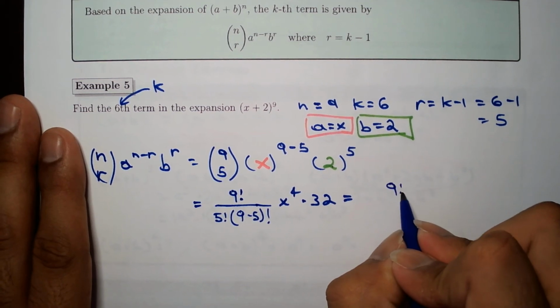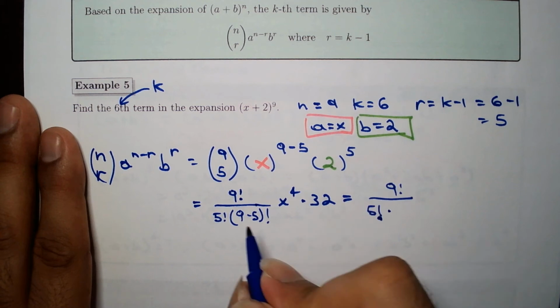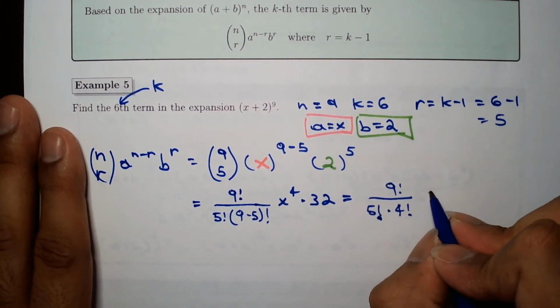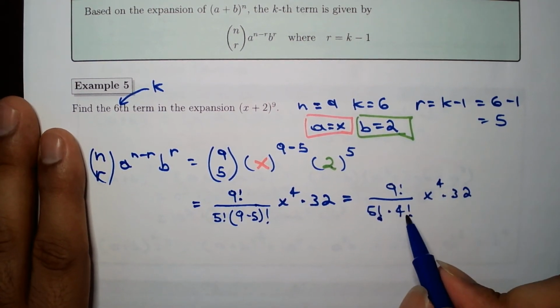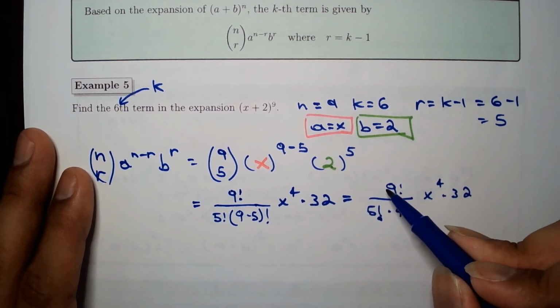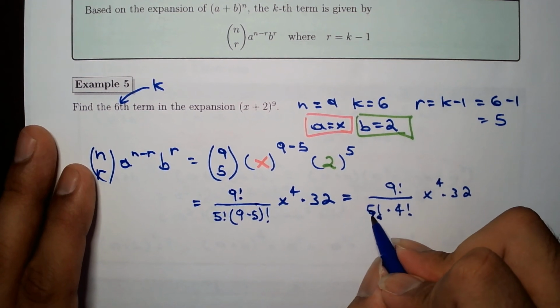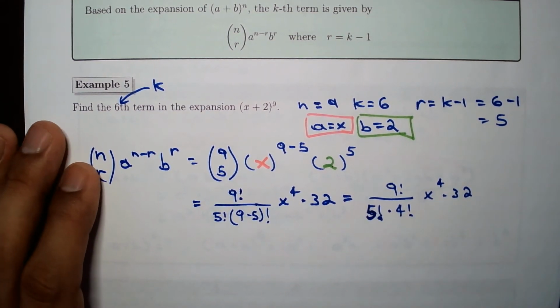So 9 factorial divided by 5 factorial times 4 factorial. Well, in this case, I'll explain something interesting here. You might want to simplify the largest of the factorials with the largest in the denominator. In this case, the largest in the denominator is the 5 factorial.